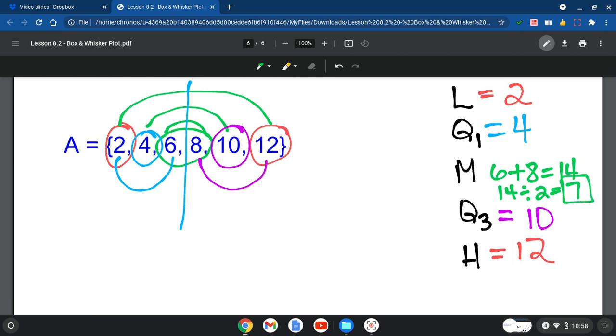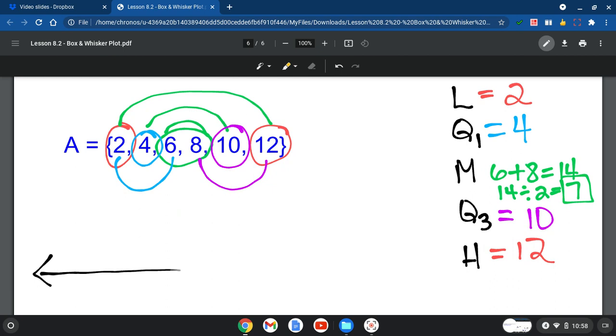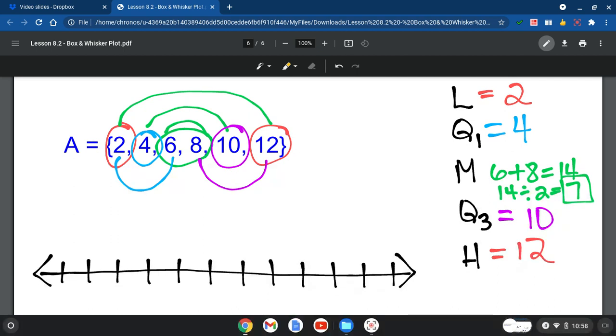Now let's draw our number line and create our box and whisker plot. In my number line, I will be including the numbers from 2 through 12. Now let us draw our lines.